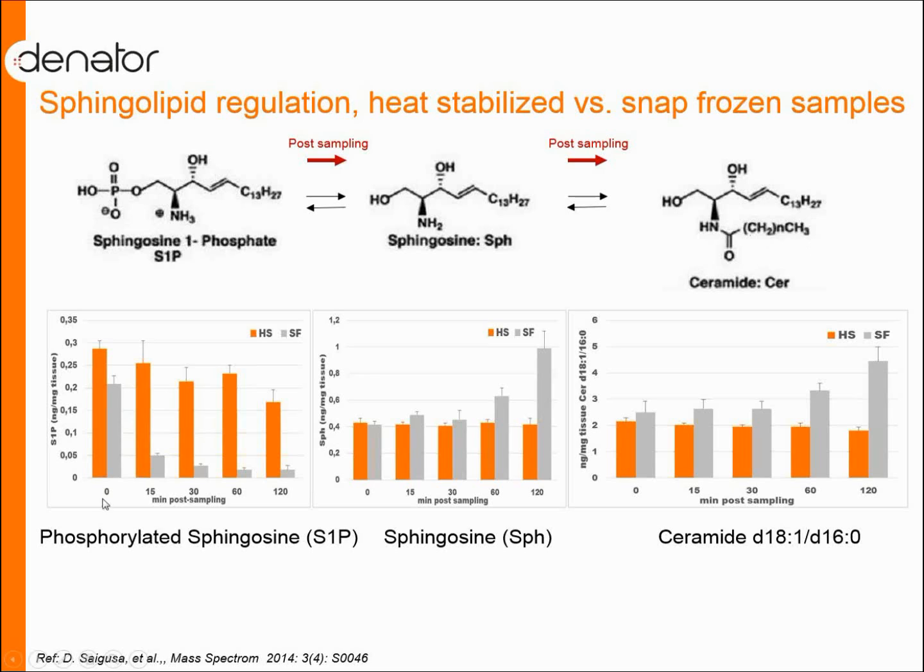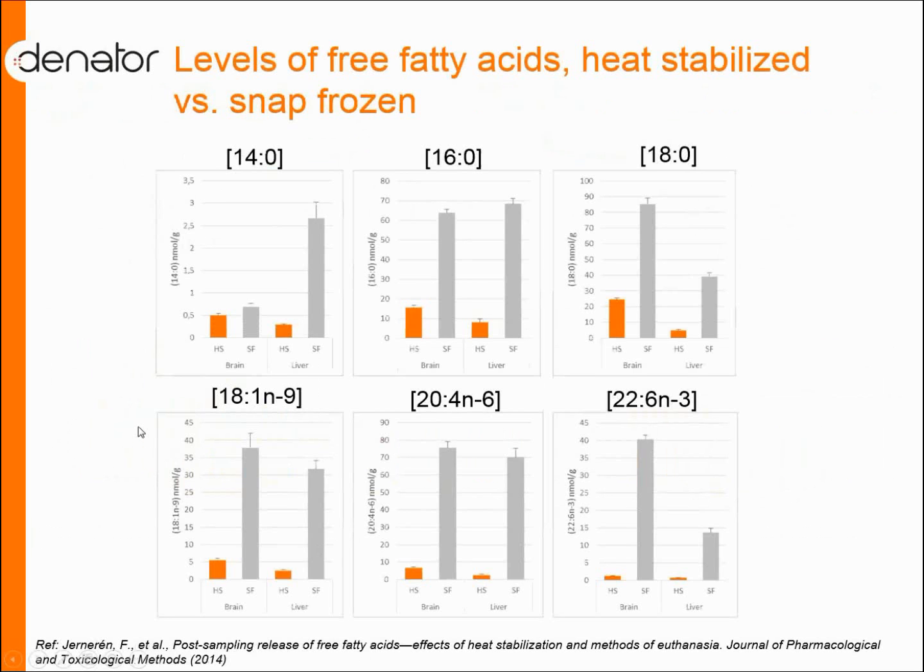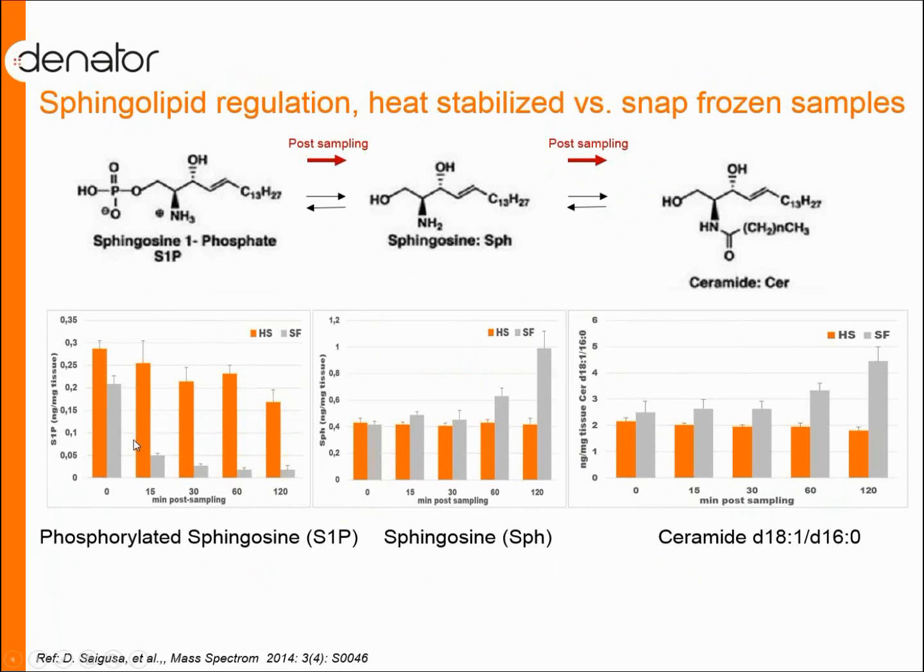So what we see here, if we do a post-sampling time course, is that in the heat-stabilized samples, we have a small decrease over time compared to the snap-frozen sample, where you have a very rapid degradation in the post-sampling phase. In this case, the samples are harvested and then left at room temperature to decay.